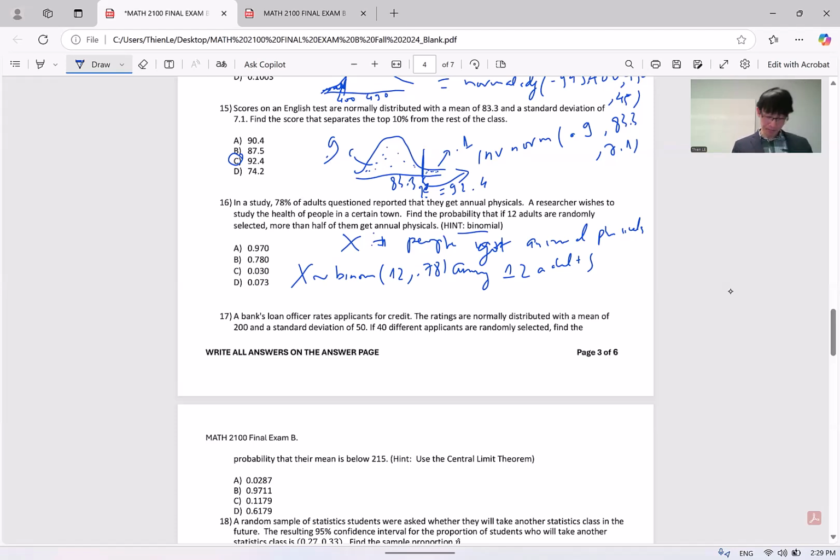This is p. And n is the number of people you survey. You want to find the probability that more than half of them get annual physicals. This means you find the probability of X greater than 6: 7, 8, 9, 10, 11, 12.